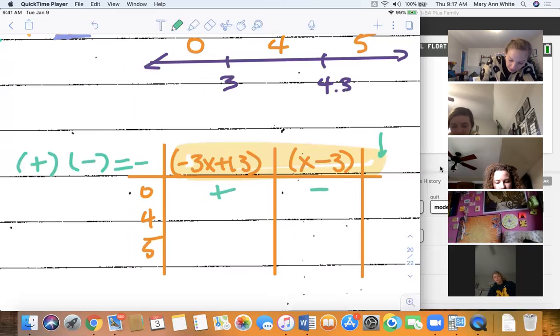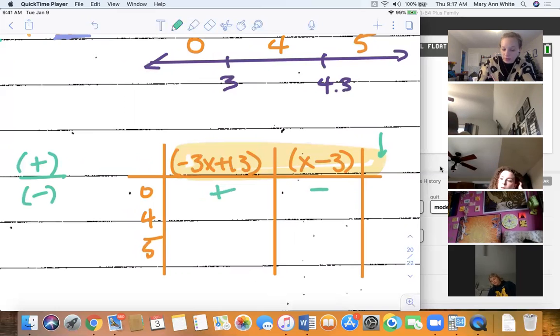We're doing the same idea now, but instead of multiplying, we're dividing. A positive divided by a negative acts the same way as if we were multiplying. If they are opposite signs, or if you don't have a pair of negatives, then it will stay negative. So a positive divided by a negative will stay negative. So that's how I find those final signs.